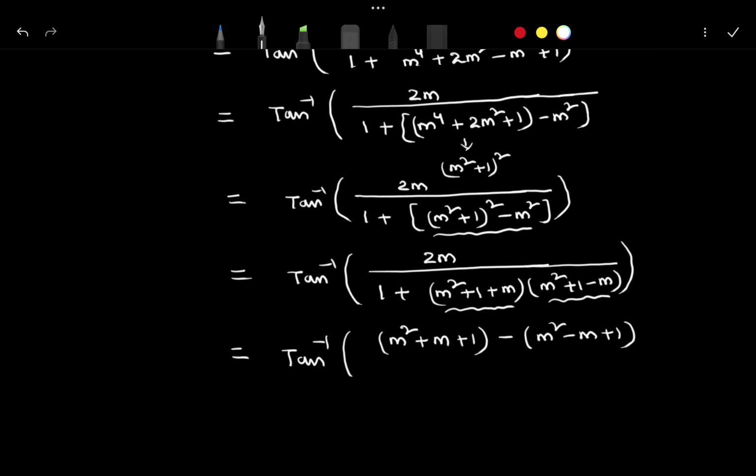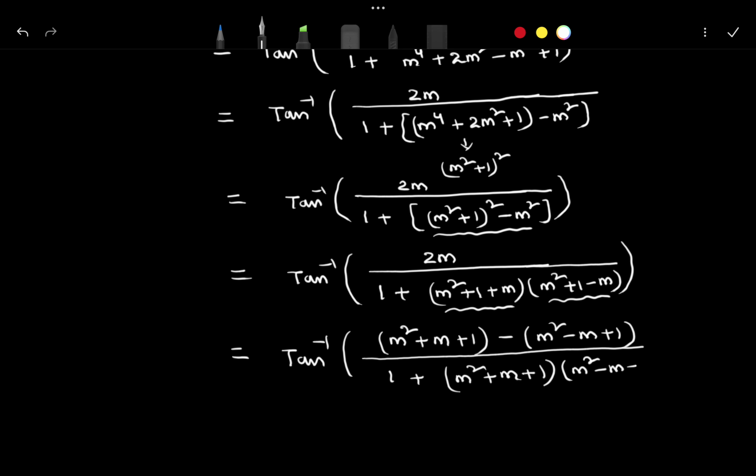So all of you see very clearly, plus m square minus m square cancels, plus 1 minus 1 is cancelled. Minus of minus m is plus m, plus m is 2m. So the 2m you can write as this one, that is 1 plus m square plus m plus 1 into m square minus m plus 1.